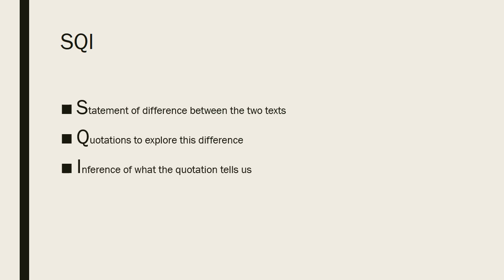Now obviously I'm going to show you what that looks like. This is going to take a bit of getting used to, but it's a lot simpler than it might look just down there on the page. This is a lot simpler a question than it looks on the page. The key skill is this. That's why we spent so long working on what inference is. It's absolutely vital that you make use of that skill at that point, because that is where you will gain the marks that you want.